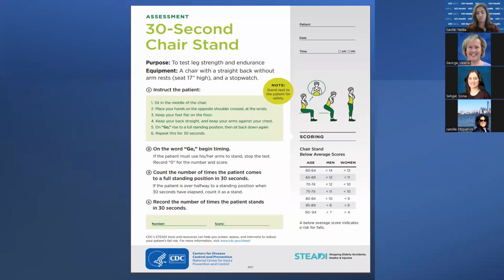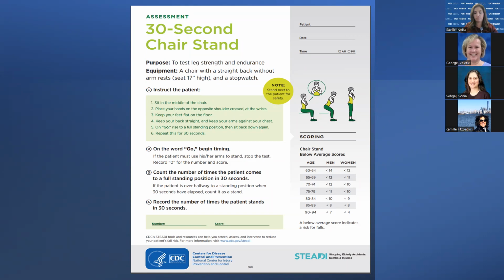You ask them to have their back straight, and then to start to rise. You time them for 30 seconds, and then you mark down how many chair stands they can do in that time. If they use their hands to help push up, then they get a 0. So then you can stop the test if you need to.